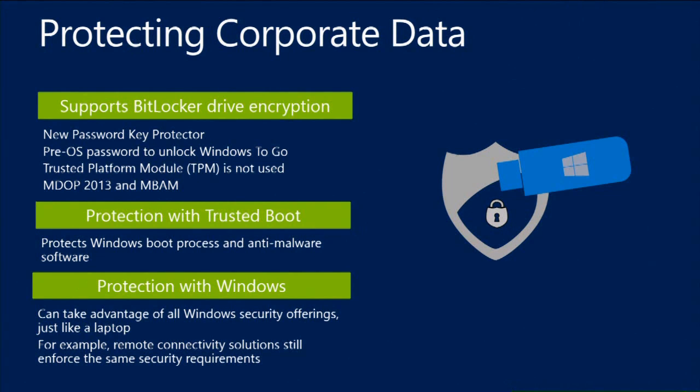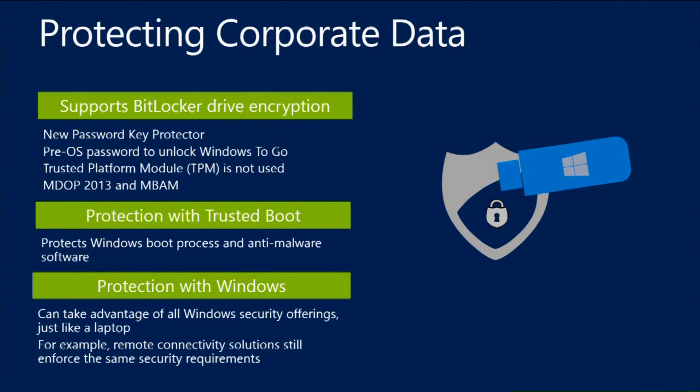Additionally, we can take advantage of any other security capabilities that we want to on our normal machine as well. We just have a couple of them up here. DirectAccess: if anybody has DirectAccess deployed, you can deploy DirectAccess on Windows To Go. If you have your own VPN clients, a Cisco, a Checkpoint, a Juniper, you can deploy those on Windows To Go and use those as well.